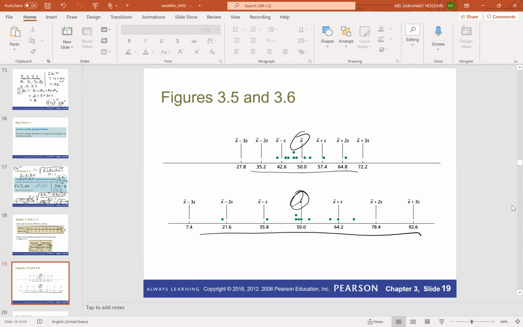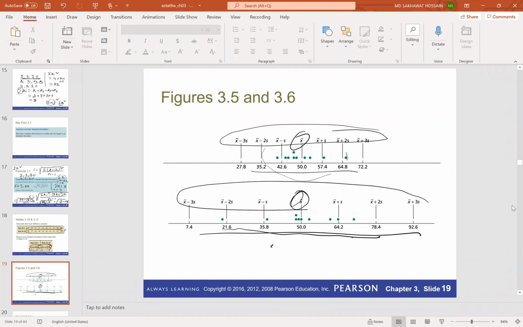Since the second one has more standard deviation, you can see that it has more variation. In both cases, all the observations are within 3 standard deviations. What does it mean by within 3 standard deviations?